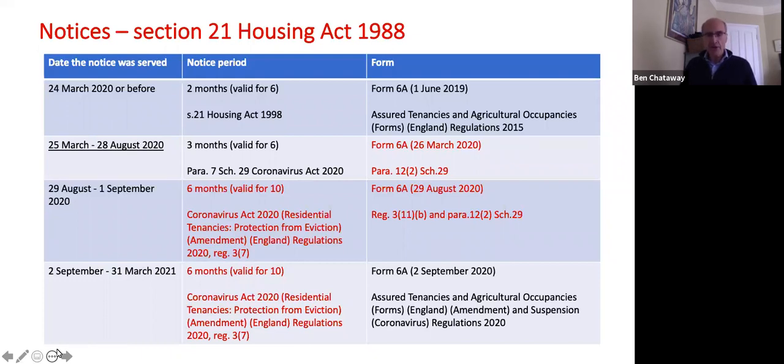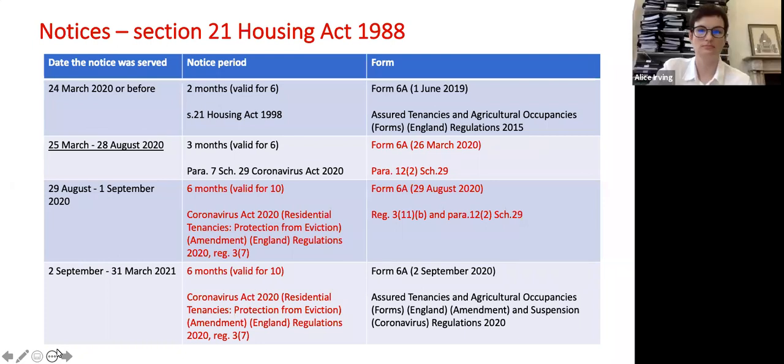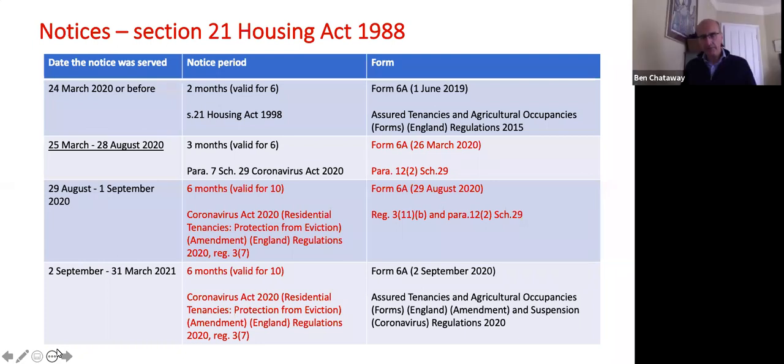So first off, notices. And there are basically 4 different periods when the notice periods for notices of seeking possession vary. And how this works, I think, is particularly important in the context of claims brought on the basis of Section 21.